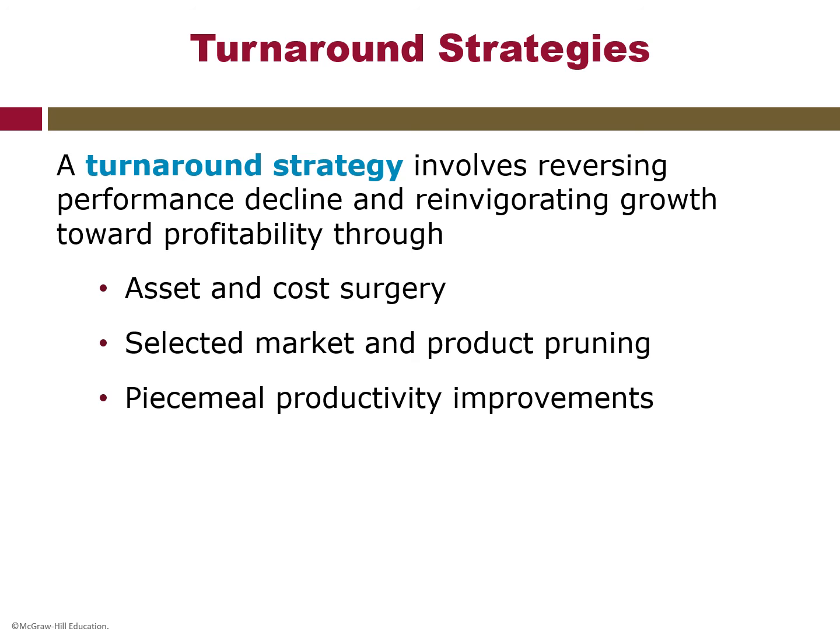What we can do here is look at asset and cost surgery. Very often mature firms tend to have assets that do not produce any return. These include real estate, buildings, and so on. Outright sales or sales and leaseback free up considerable cash and improve return. Investment in new plants and equipment can be deferred.